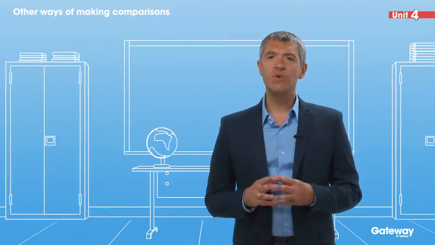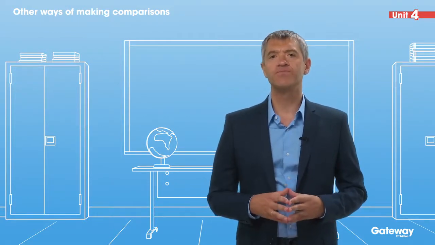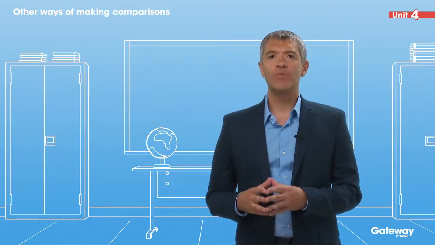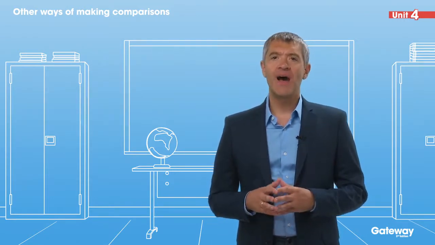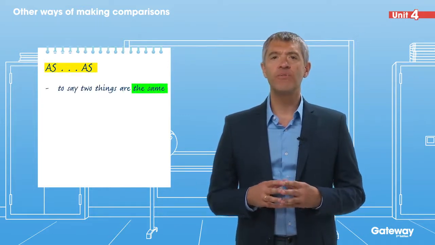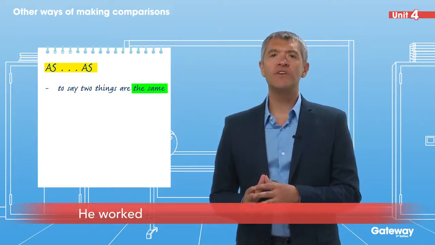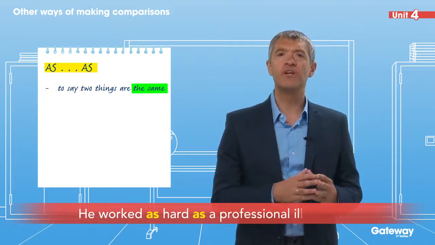The sentences that we've just seen contain different ways of making comparisons. For example, we used the structure as to say that two things or people are the same. We said, he worked as hard as a professional illusionist.